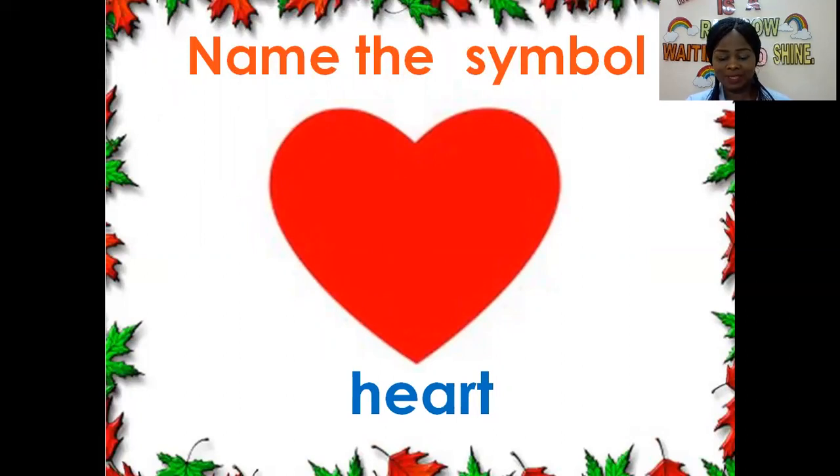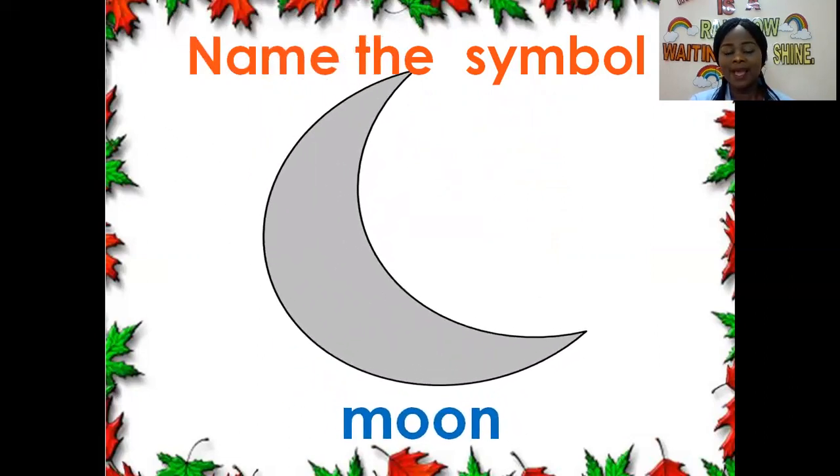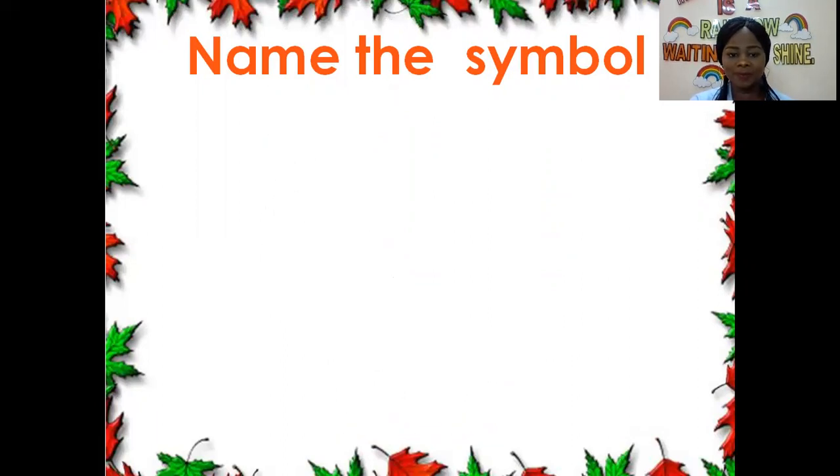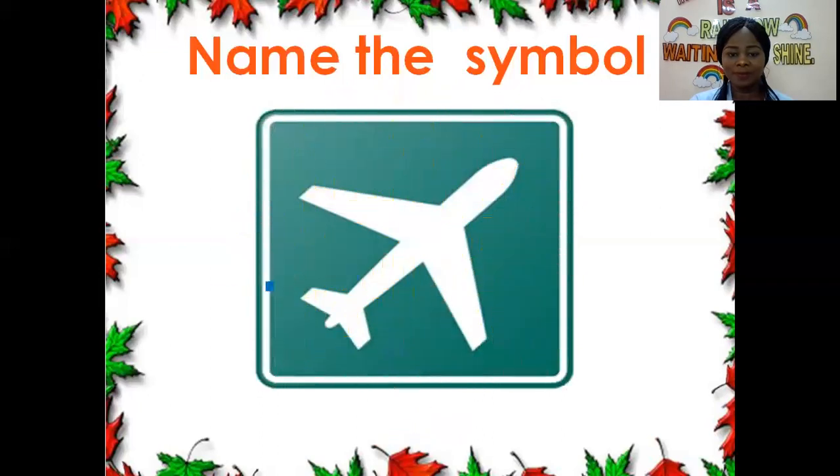And it represents a heart. A moon. Good job, students. Moon in the sky. Well done, students. A sun. It represents sunny. Well done, everyone. How about this symbol?